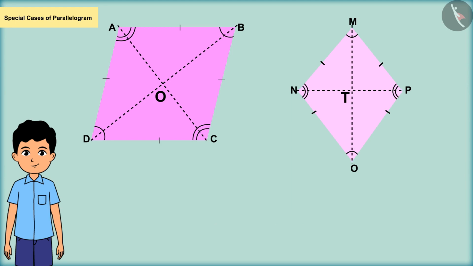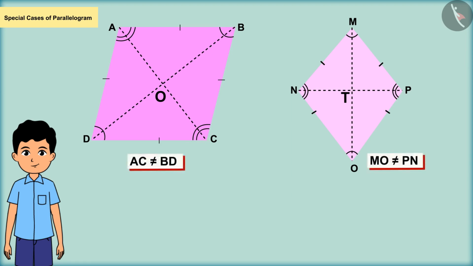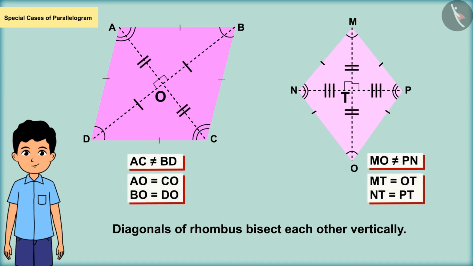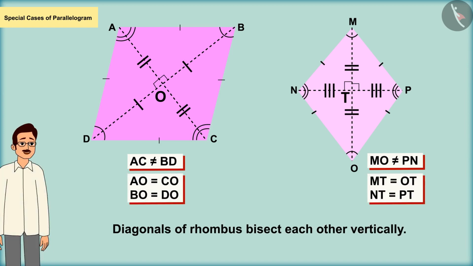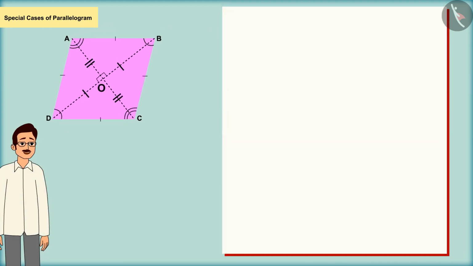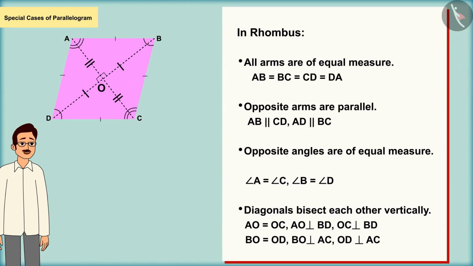If we discuss its diagonals, we will find that both of its diagonals are not of equal measure, but they bisect each other. Perfect. So let's now write the characteristics of the rhombus with the help of these two figures, which are as follows.